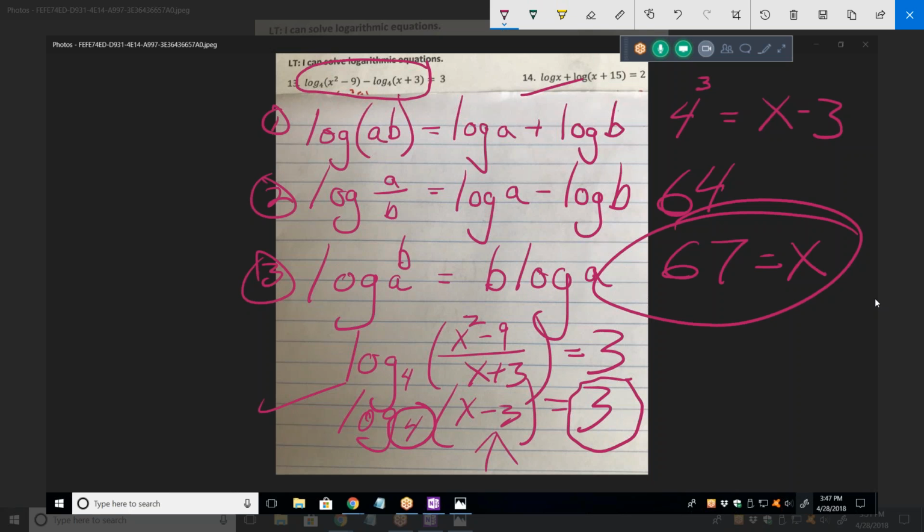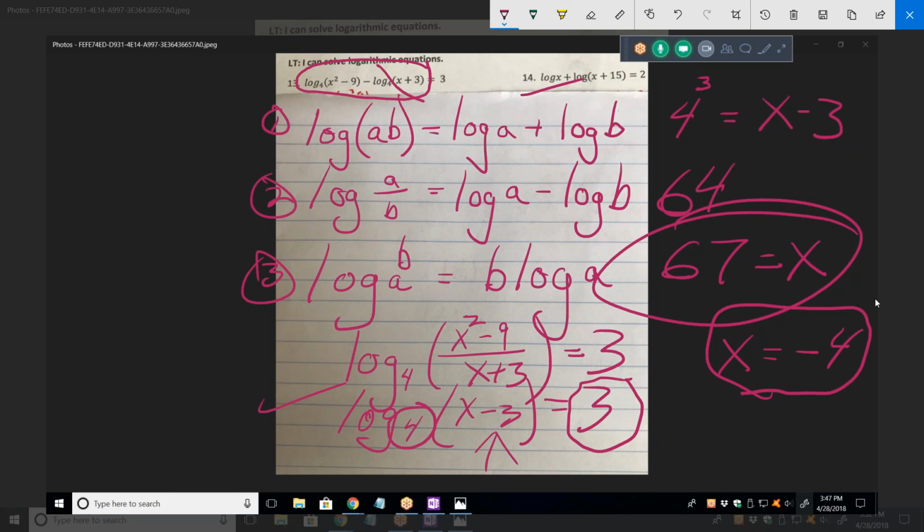So sometimes when you solve a log equation, especially one involving quadratics, you will get 2 answers. Almost always one of those answers violates a domain. In other words, let's say we came up with x equals minus 4. Let's just assume that that's the answer we came up with. Well, that doesn't work.